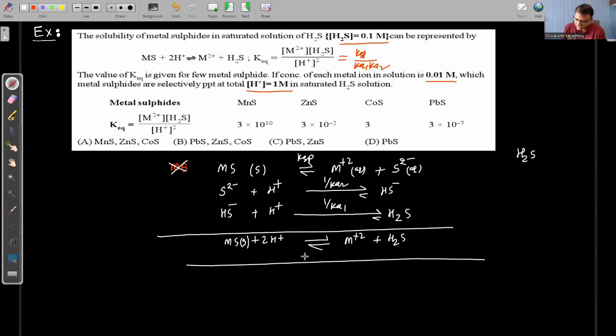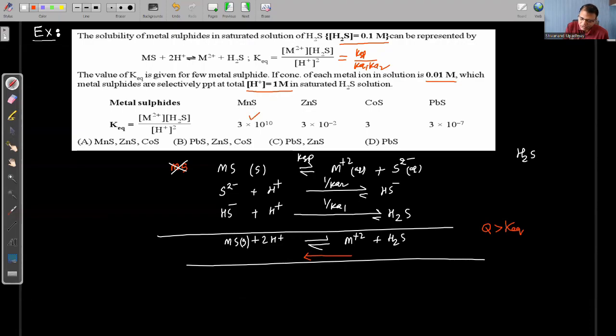If the reaction is moving in backward direction, then precipitation of this solid will take place. For the reaction to move in backward direction, the reaction quotient should be greater than the equilibrium constant.